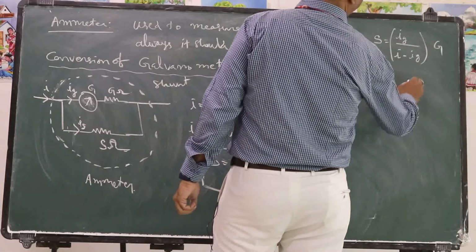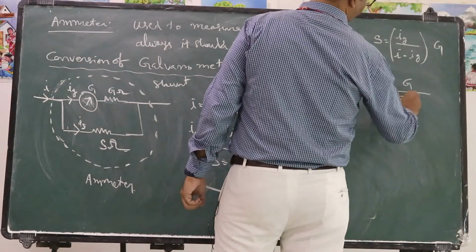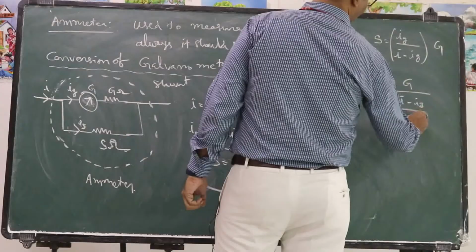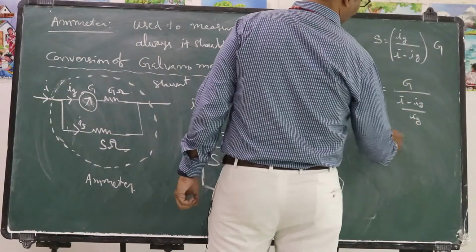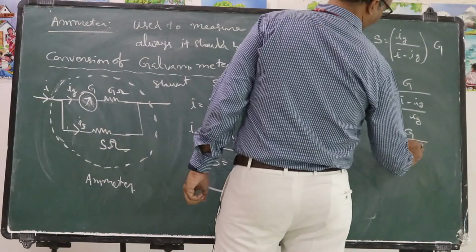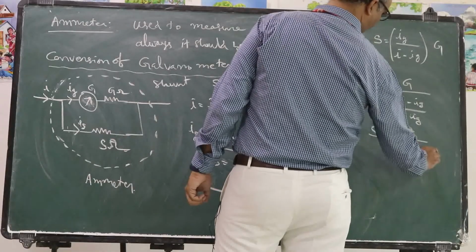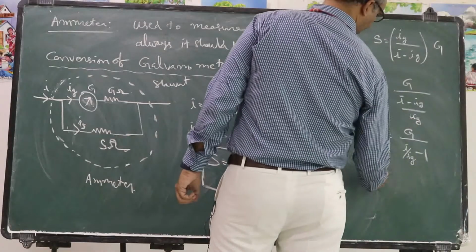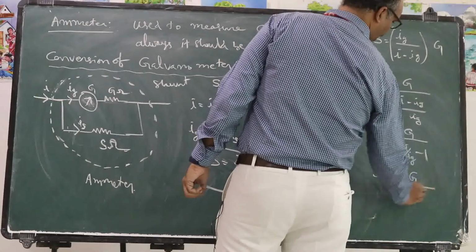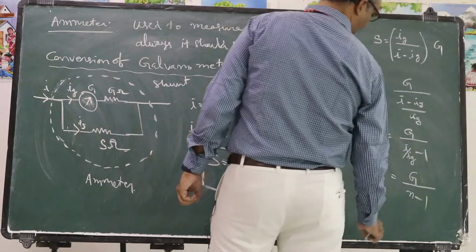So, shunt required is given by G by that Ig I am bringing into the denominator, then S is equal to G by I by Ig minus 1. S is equal to G by N minus 1 I can take.